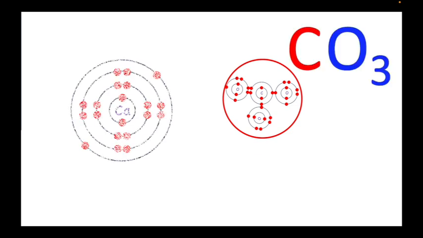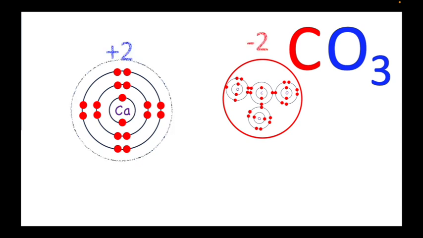Let us consider I am bringing calcium closer to it. The calcium has 2 electrons at its outermost ring, which have to be sent out to become stable. Now, when I bring calcium closer to this CO3, calcium tends to give 2 electrons and CO3 tends to receive 2 electrons. So each of the oxygens in CO3 which made a single bond receives these extra electrons from calcium.